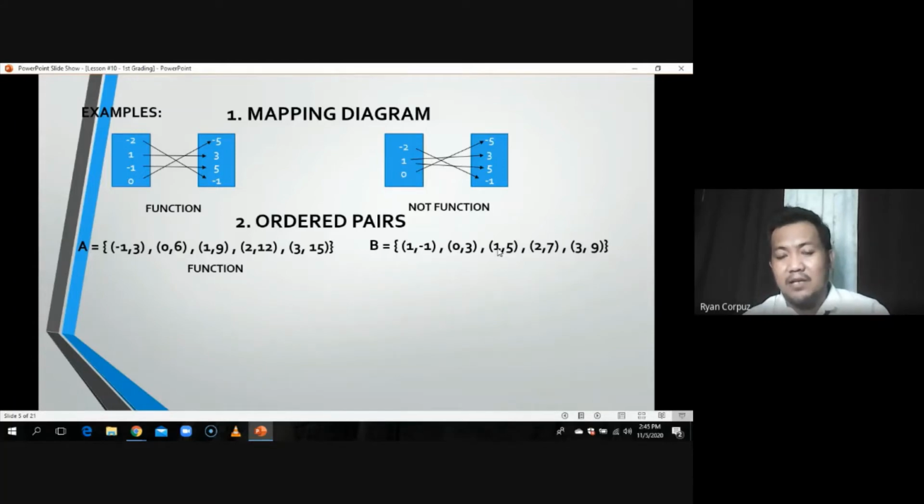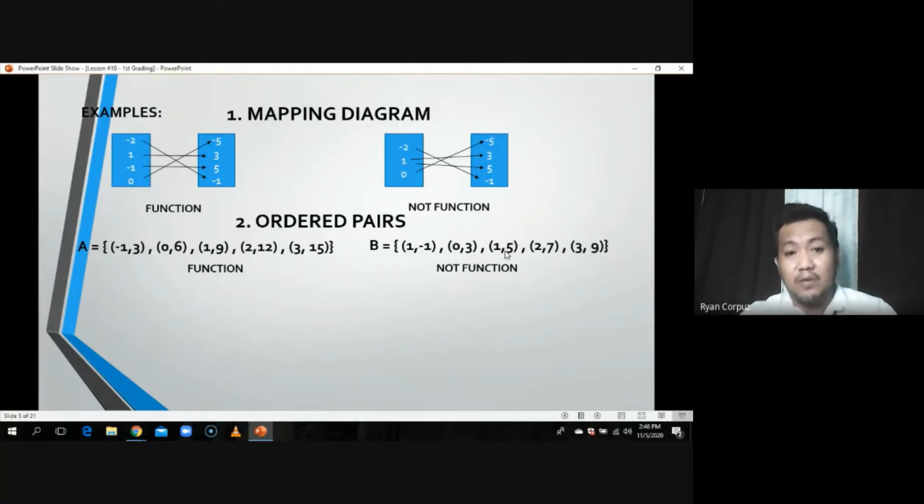Because of that, we can consider B as not a function, because here we applied one-to-many correspondence, while in letter A we applied one-to-one correspondence. As long as you see in a set of ordered pairs a repeated x-coordinate, or your abscissa, then that is already not a function. So we are not dealing with a function if that is the case.